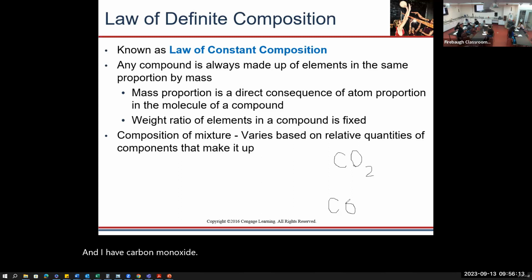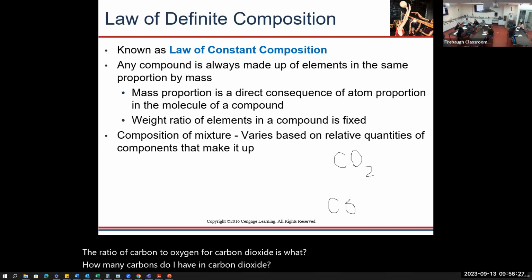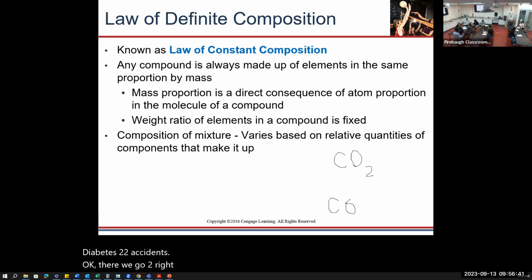Now the ratio of carbon to oxygen for carbon dioxide is what? How many carbons do I have in carbon dioxide? And then how many oxygens do I have? I need 2 oxygens. Okay, there we go, 2. So I have 1 carbon and I have 2 oxygen.